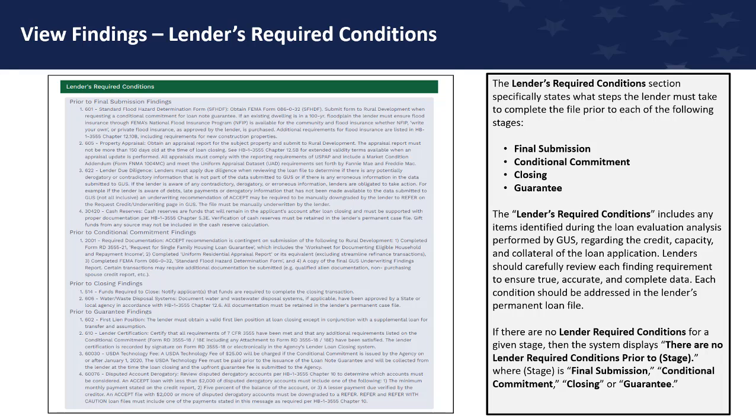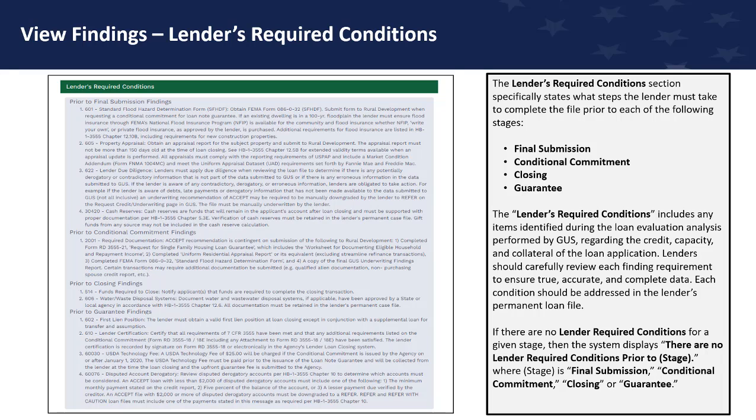The lender's required conditions include any items identified during the loan evaluation analysis performed by GUS regarding the credit, capacity, and collateral of the loan application. Lenders should carefully review each finding requirement to ensure true, accurate, and complete data.